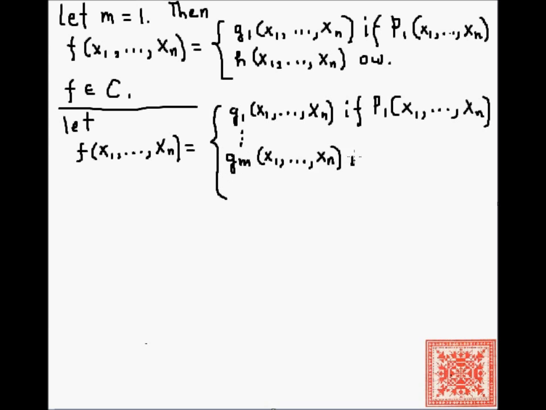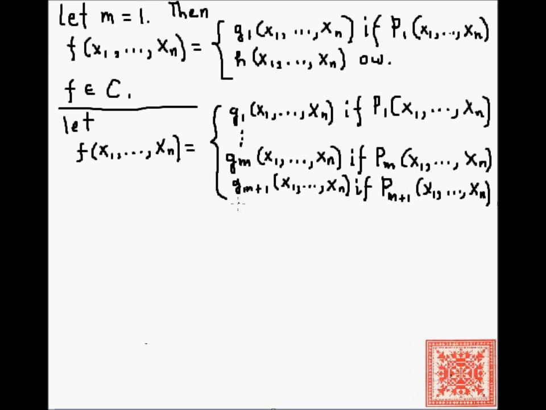So we have gm of x1 through xn if pm of x1 through xn is true, and g of m plus 1 of x1 through xn if p of m plus 1 of x1 through xn, and h of x1 through xn otherwise.